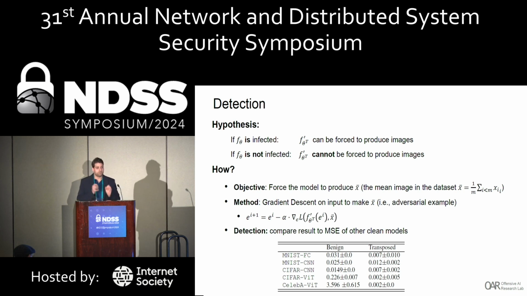What we do is force the model to output an image similar to one image from the dataset, and if the outputted image is indeed similar to an image from the dataset, then we know that the model is infected with the transpose attack. And if not, then it's not. We share more details about this detection method in our paper.